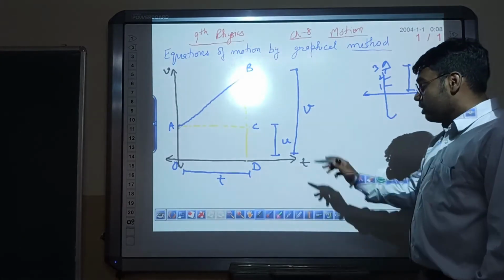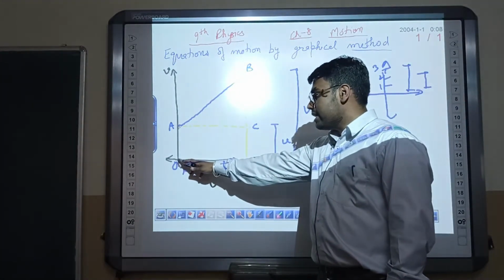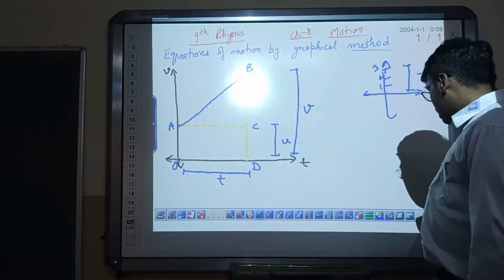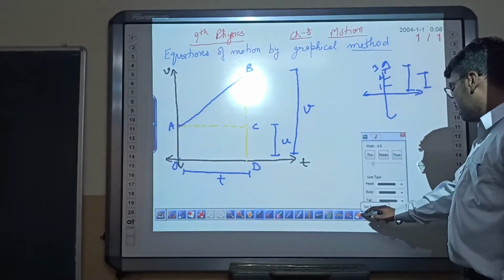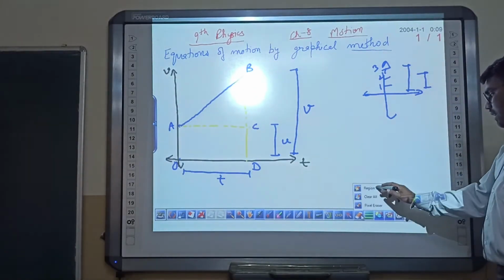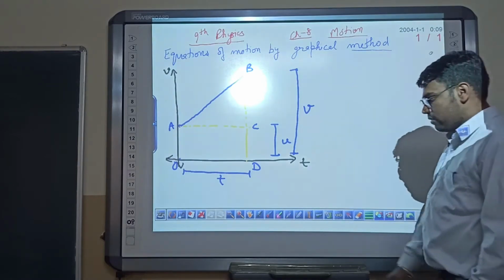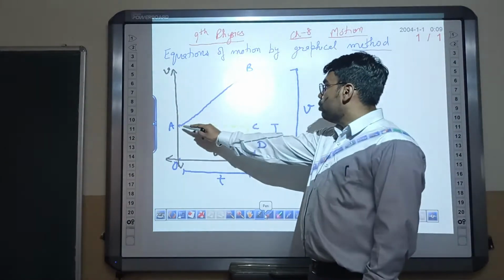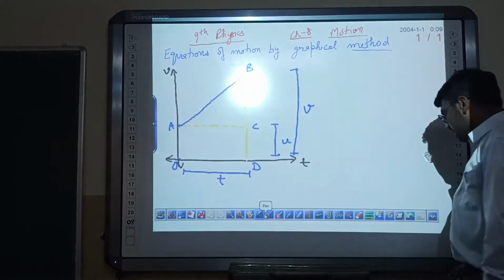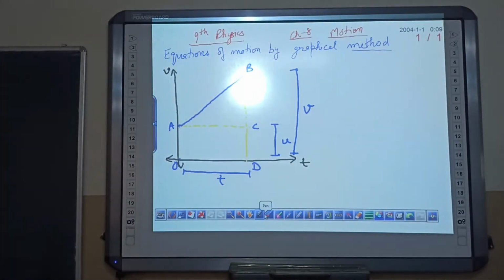That means when we start taking readings, that is when time is 0, it has some velocity u. After that the object increases its velocity from u to v. That is, the path of the object is a straight line, uniformly accelerated motion.